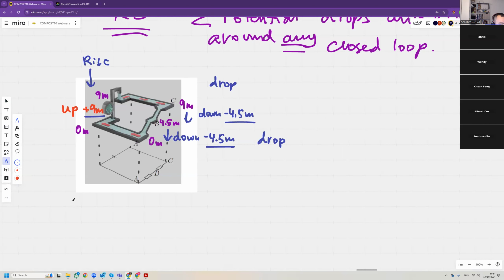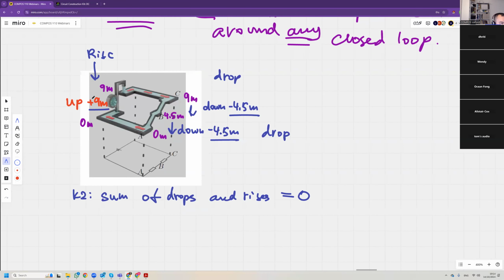Kirchhoff's second law says the sum of drops and rises equals 0. So first it rises by plus 9 meters, then drops down by 4.5 meters, and then drops down minus 4.5 meters. And then you come back to where you started.